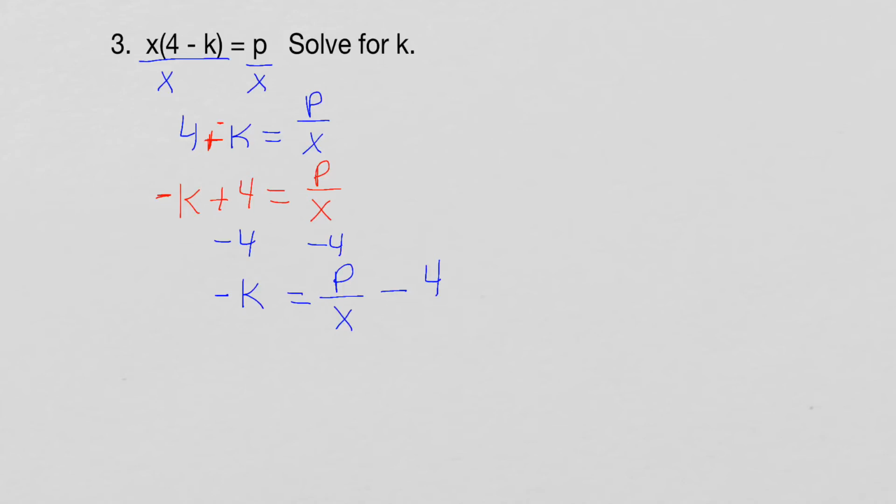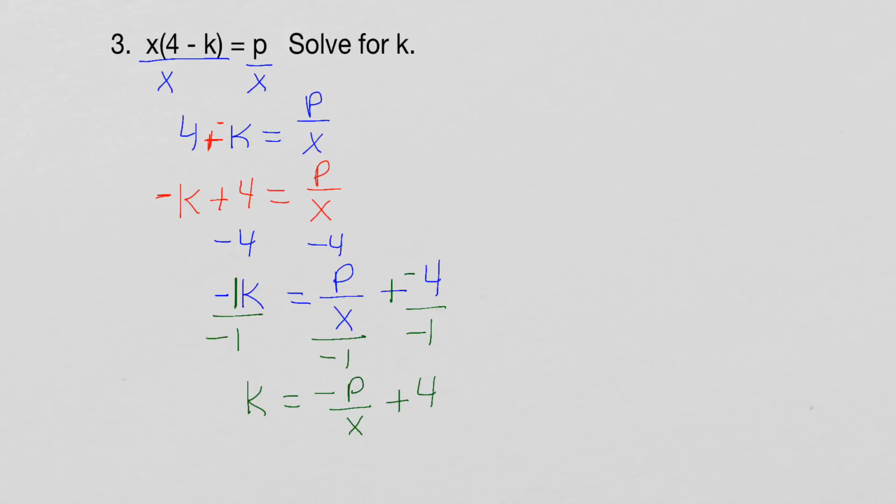Now remember that we have a negative 1 standing here in front of the k. That's what makes it negative. So we're going to divide by negative 1, divide by negative 1, divide by negative 1. Add a line, change the sign so we know that that negative is on the 4. Now we're going to have k is equal to negative p divided by x plus positive 4.